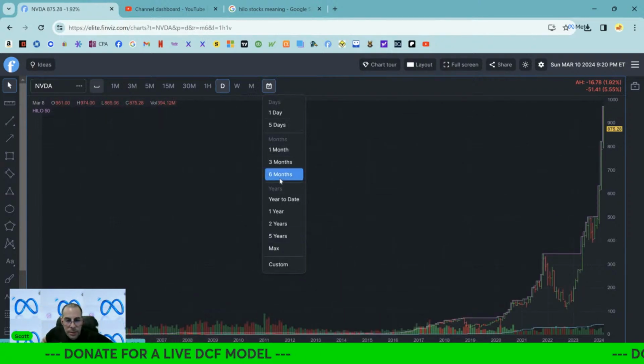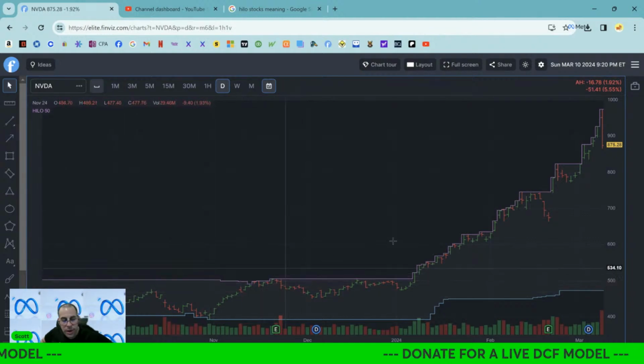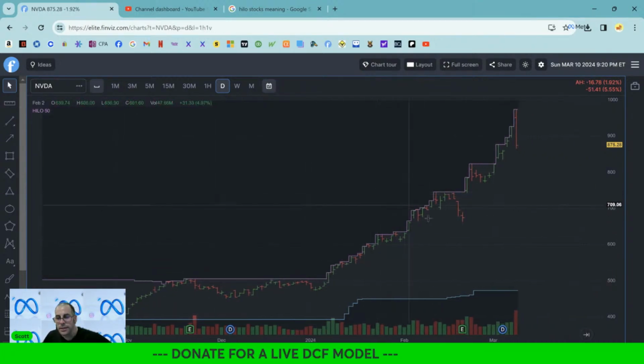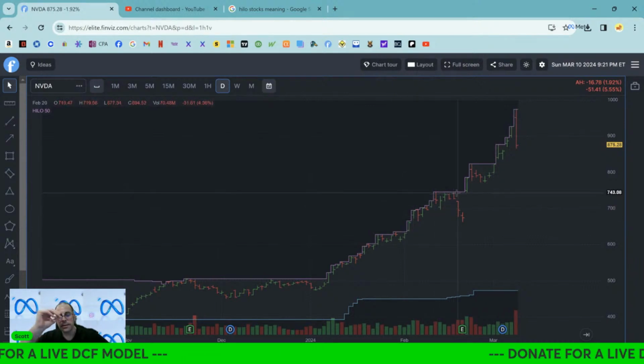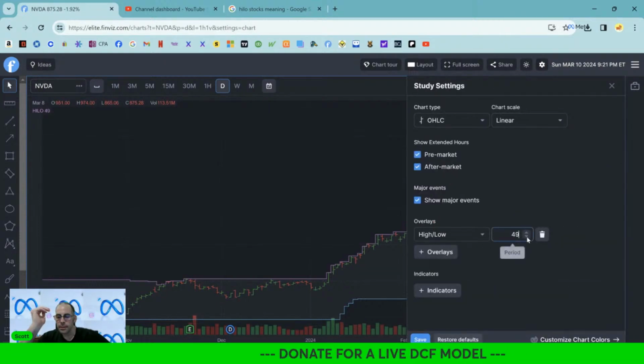Okay. This just shows you the high and low resistance points. Do people use this? This doesn't seem that useful, but well, let me try less.